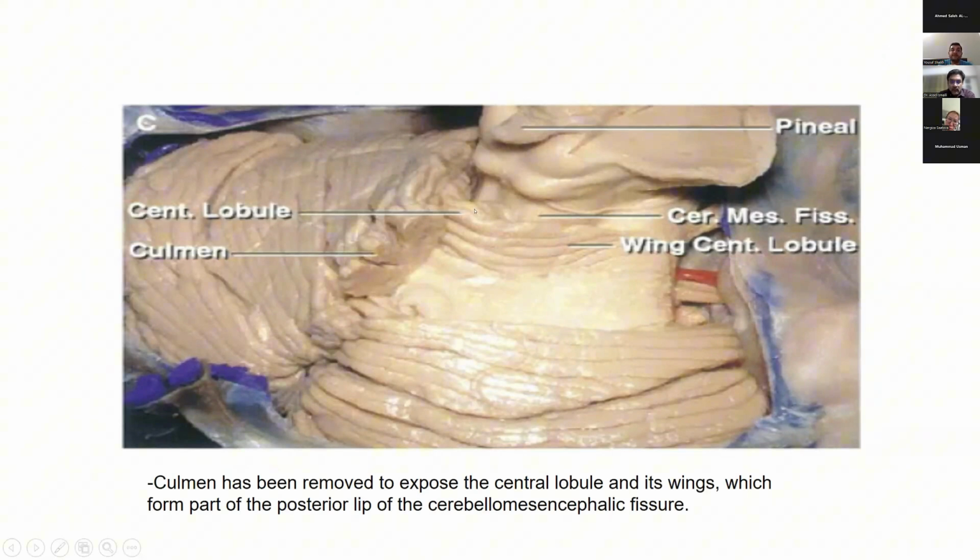Because we are dissecting deeper from the tentorial surface, we are heading more towards the petrosal surface. These are the wings of the central lobule, and again, these are the components forming the posterior wall of the cerebellomesencephalic fissure as you go laterally.